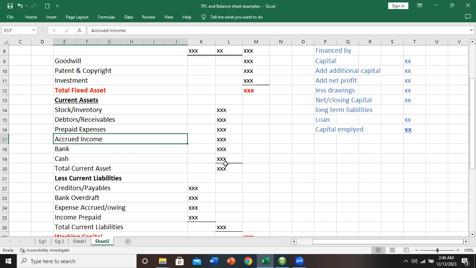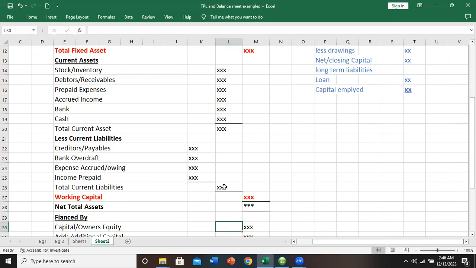And normally we less the current liabilities from the fixed assets. So as you follow the format here, you will list your current liabilities at the first column: creditors, bank overdraft, expenses owing, income prepaid. And then the total comes under the total current assets.